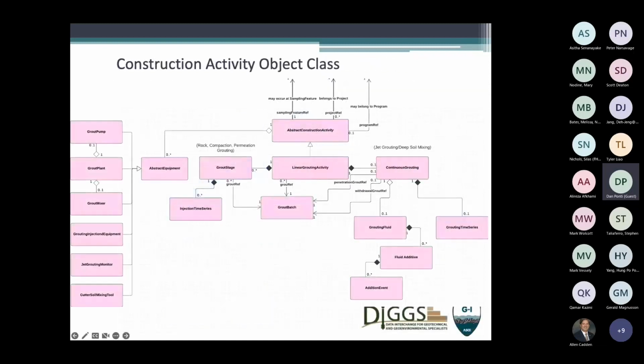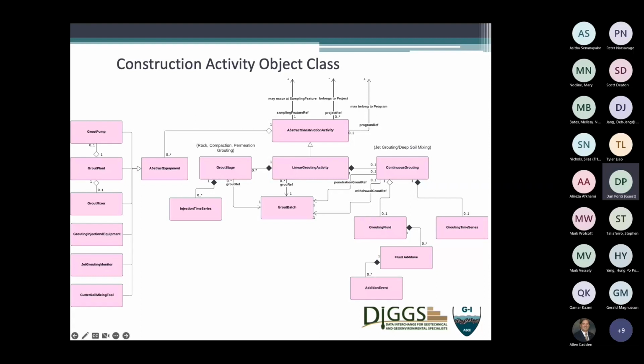This construction activity object class has a bunch of different new objects that have been built so far. There's a main abstract construction activity class that everything inherits from. We've generated a single concrete activity for what we call linear grouting activity.